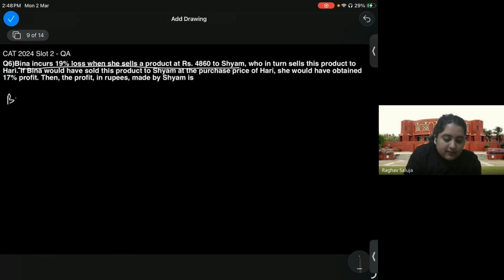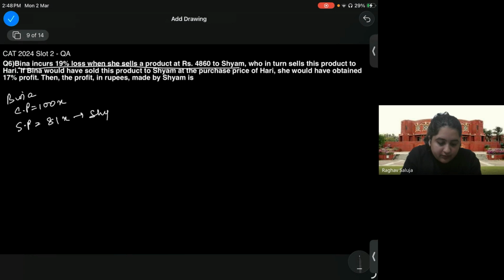So let's say Beena's cost price was equal to 100x, and she sells the product at 19% loss. So 19% loss, that is 100 minus 19 by 100 into 100x. So our multiplying factor is going to be 0.81. So she sold at 81x to Sham. And it is written that 81x is equal to 4860.